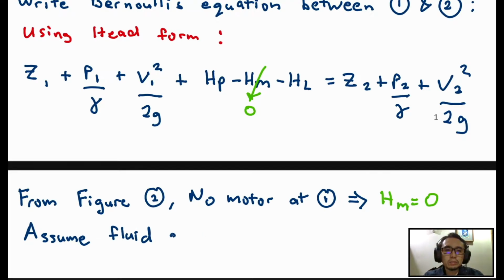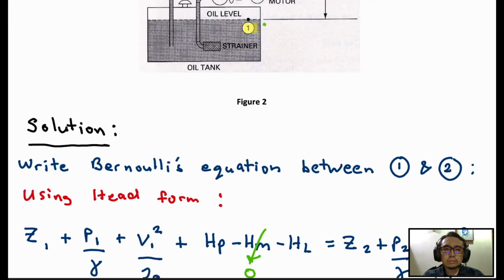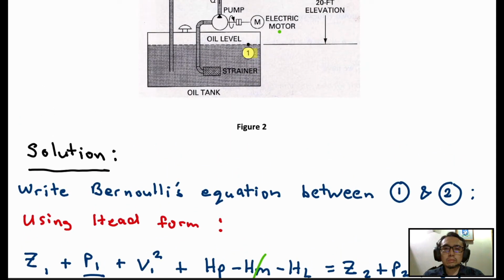Next we assume fluid stationary at 1, so that means the velocity of fluid at 1 is 0. So that becomes 0.